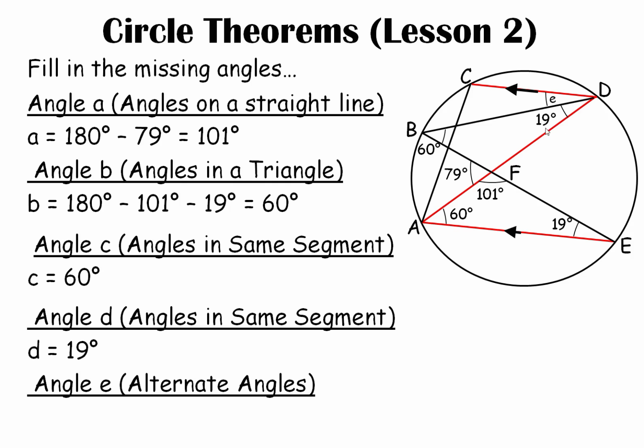So angle 60 is equal to angle 19 degrees plus E. In order to find angle E, you subtract 19 degrees from 60 degrees. So you have 60 degrees minus 19 degrees, which is 41 degrees. So angle E here is 41 degrees. All right, so that's it.